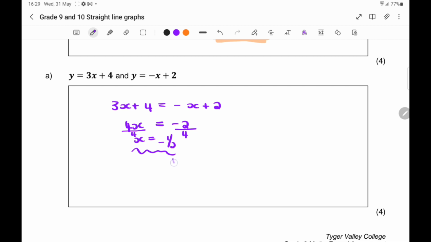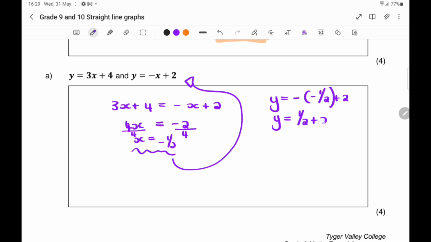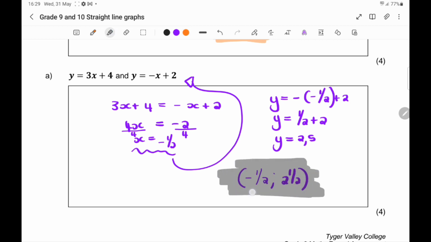So you take that, although it's not a nice number, negative times negative 1/2 plus 2, 1/2 plus 2, which gives you 2.5. You can write it as a decimal or a fraction, it doesn't matter. So the point of intersection is negative 1/2 and 2.5. That's how quick and easy it is.